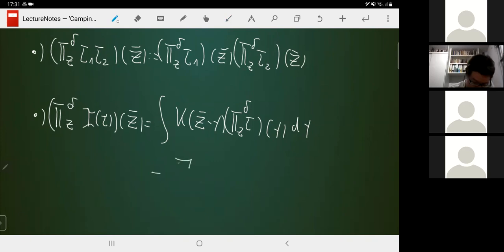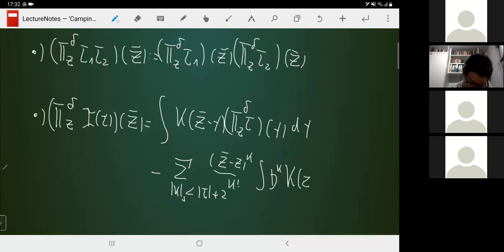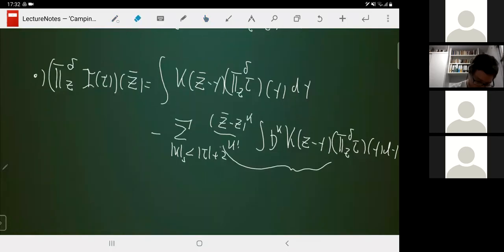So the sum over all k, s which is smaller than tau plus 2, of z bar minus z to the k over k factorial, integral of D^k K of z minus y, pi z tau, pi z delta tau of y dy.